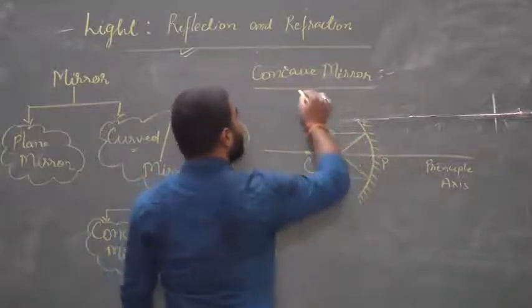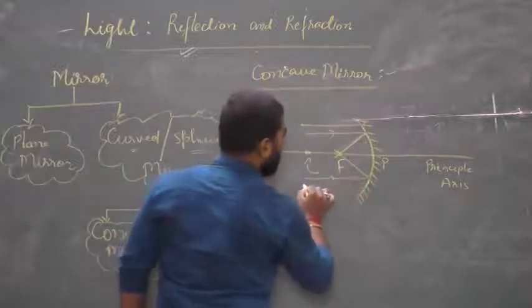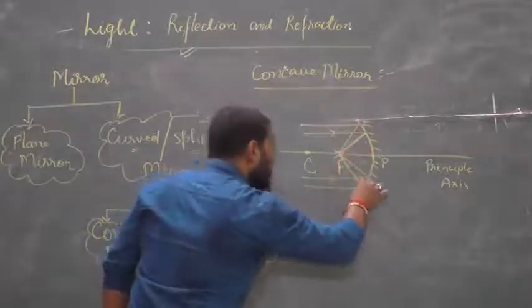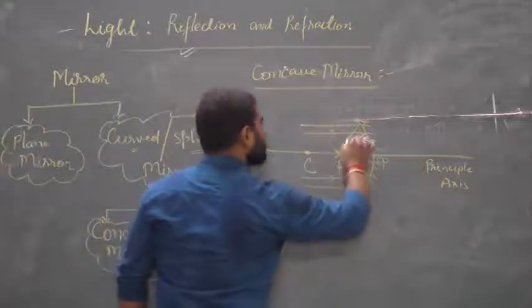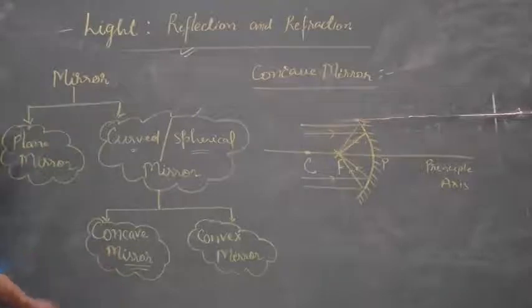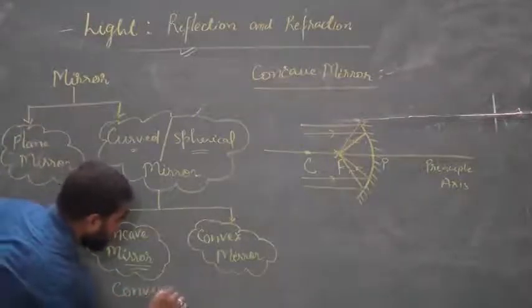This is the property of a concave mirror. If parallel beams of light fall on a concave mirror, they will converge on its focus. So a concave mirror is also known as a converging mirror.